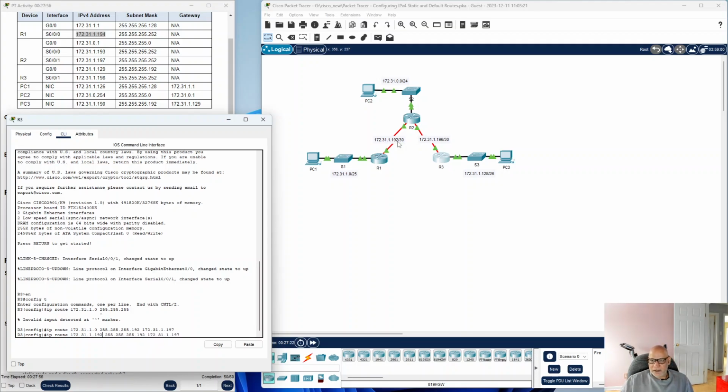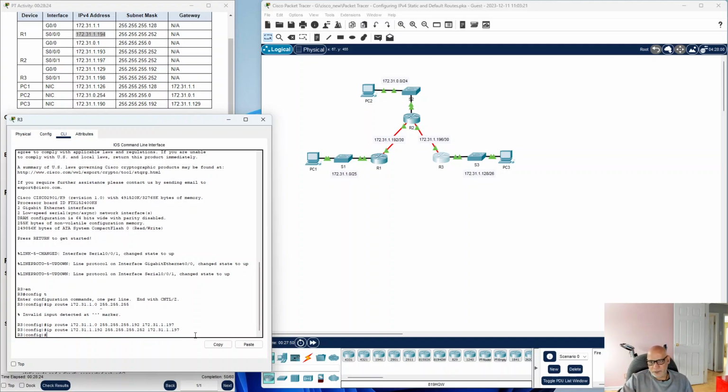Okay, the network ID is 252. 255.255.255.252, because it's a 30-bit subnet mask. So that's 252. And the next hop IP address will remain the same, okay, because it will go through R2.